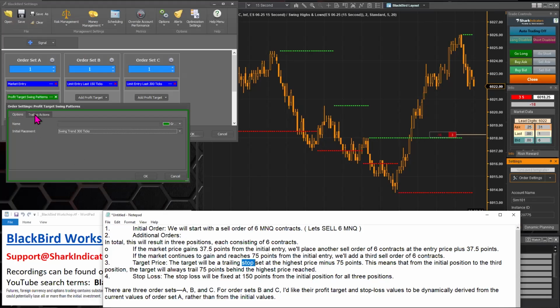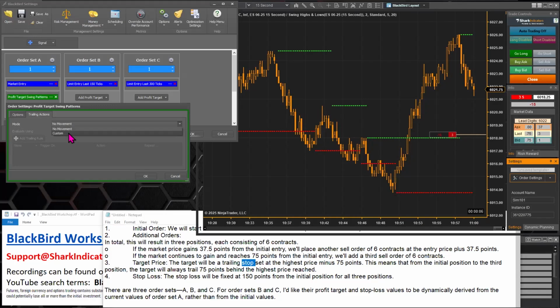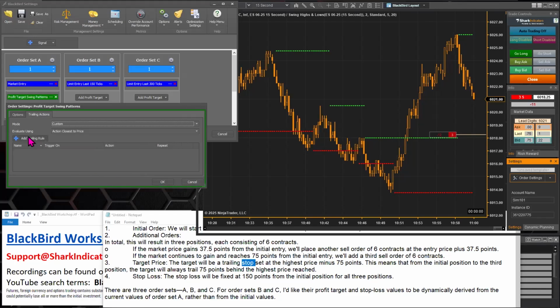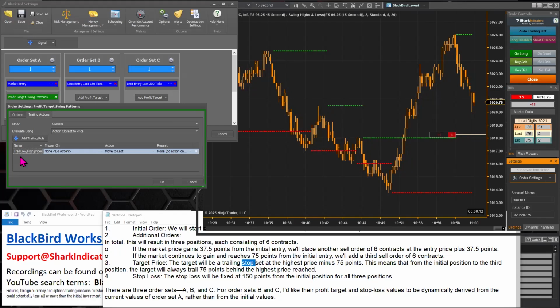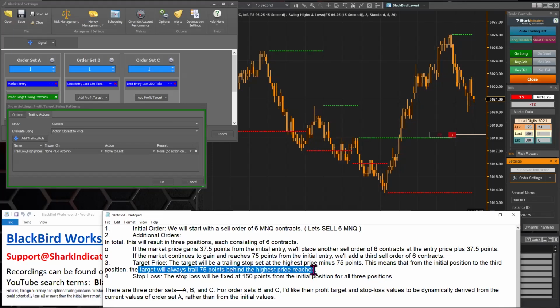So let's go to the trailing options here, and let's enable the trailing. Let's add a trailing rule. Give it some kind of a name if you want. You don't have to. The target's always going to be pulling in tighter and tighter based on price movement.